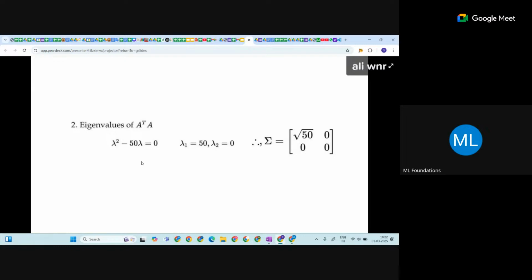This is a square matrix, so we keep them on the diagonal, starting from the first entry, like A11, A22, A33. The bigger lambda will be first, in decreasing order. So this is the sigma.